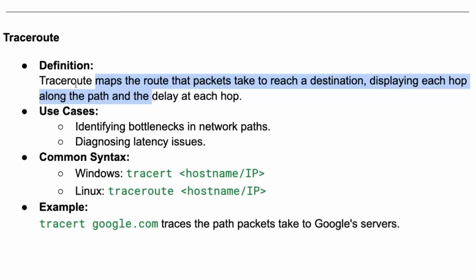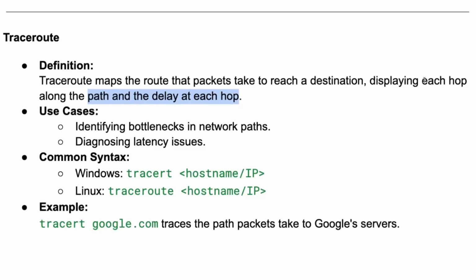So the use cases for traceroute is to identify bottlenecks in network paths, meaning congestion, right? There's a lot of traffic going to a specific router, and then it's slowing the progress of those packets along the remainder of its route before it can actually reach its destination.